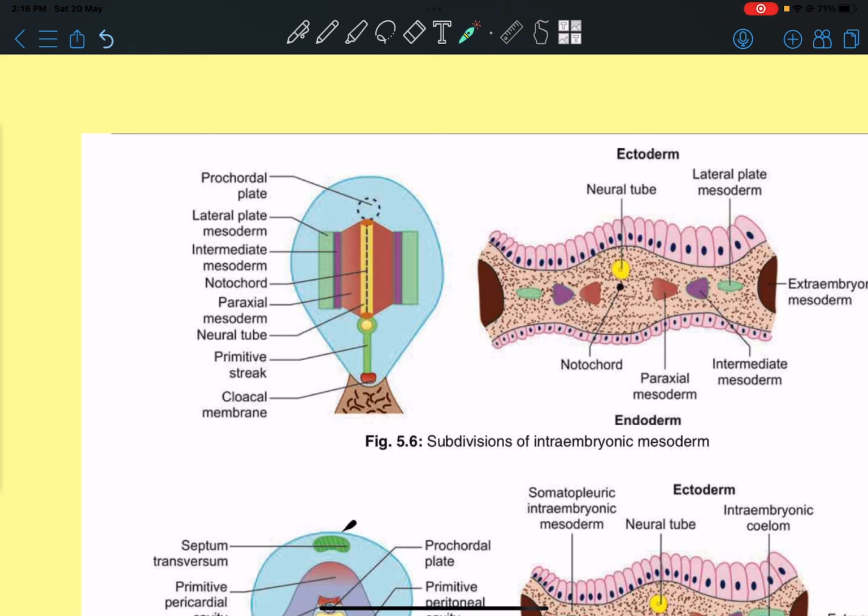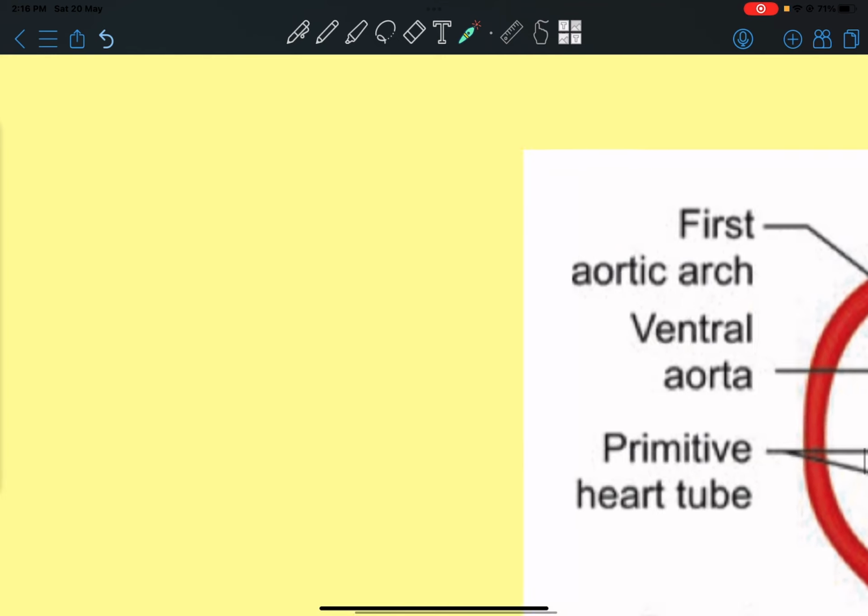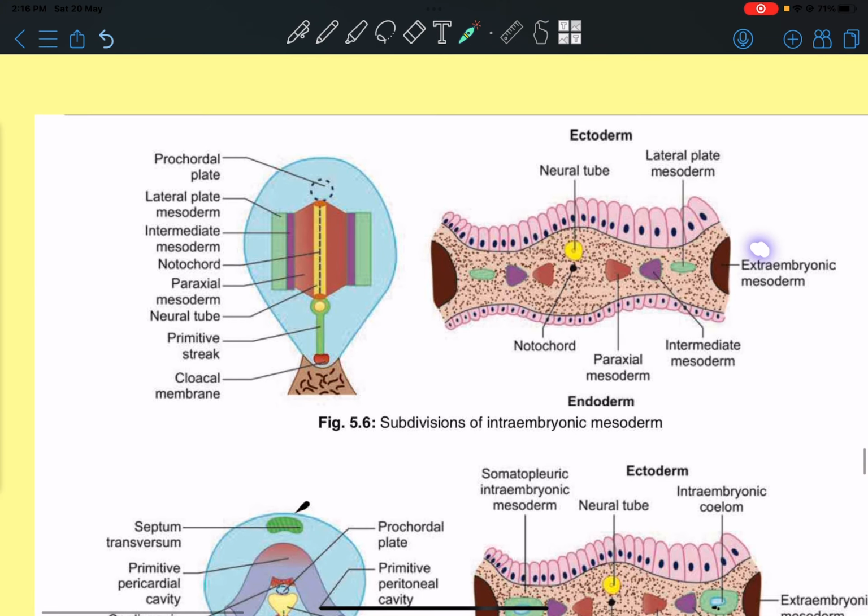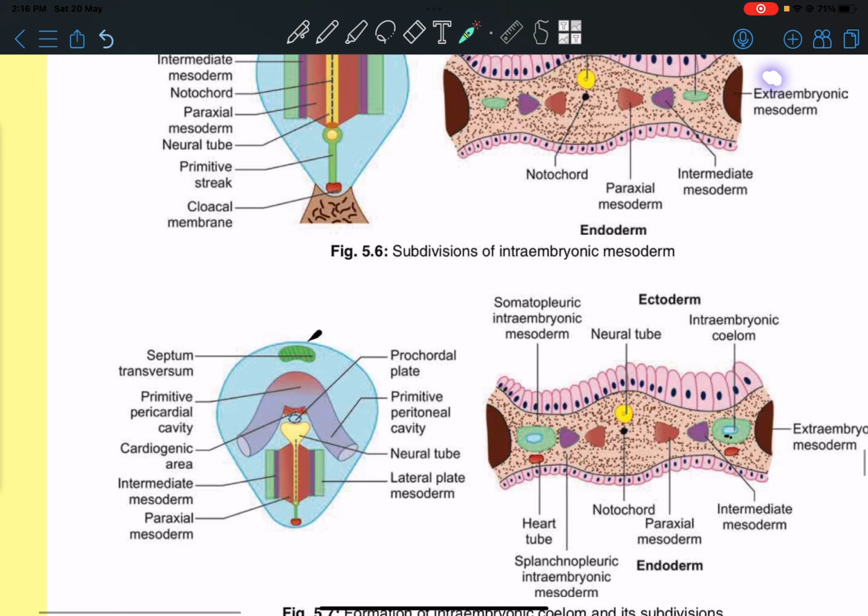So how do we get from here to having two heart tubes looking like this? Somewhere in the process folding takes place, but I'm not going to talk about that because it's very complicated even for me to understand. But we're going to see the origin of the heart tubes. As we have an extraembryonic coelom, we also have an intraembryonic coelom.